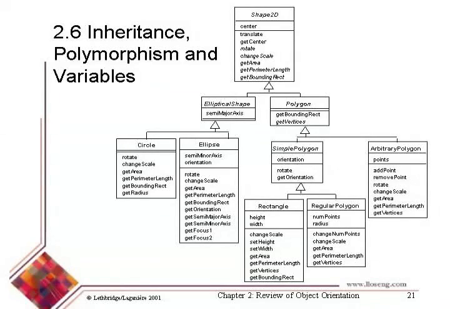Basically, it's a rectangle that can be drawn, the smallest rectangle that will fit around a shape. So for example, if I have a circle, the bounding rectangle is the thing that goes around the circle. It's a thing that you can compute. You might find it useful in certain kinds of applications. Notice that in Shape2D, it's abstract.